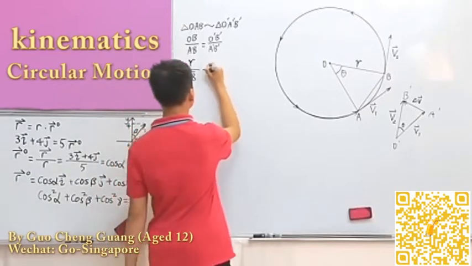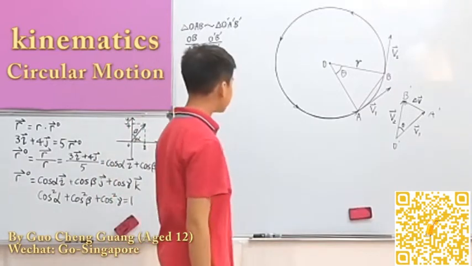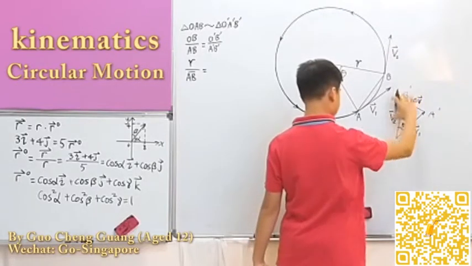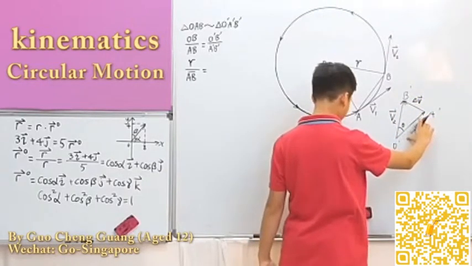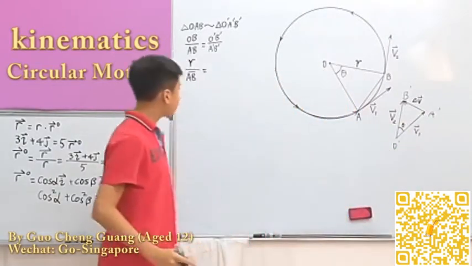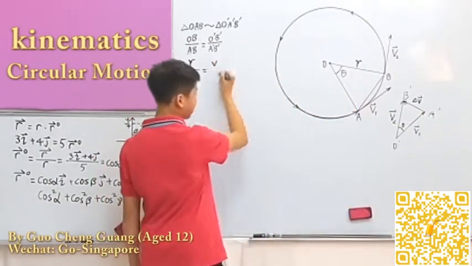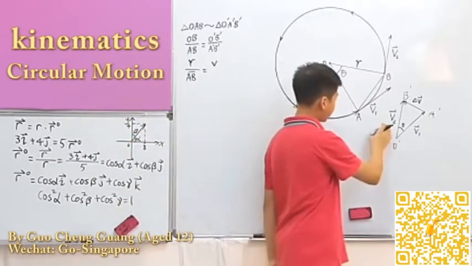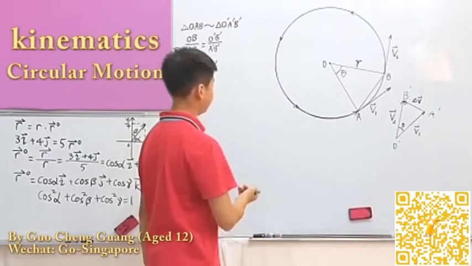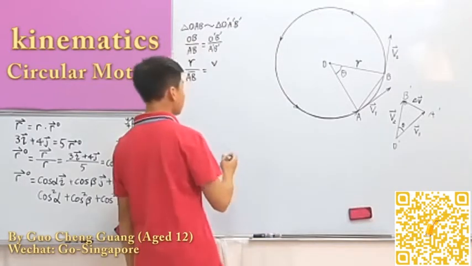Then it is equal to O prime, B prime. These two lengths are equal, but their direction is not the same. So we're just taking V for that, since this is telling you about their tangential velocities, but only their value is the same.